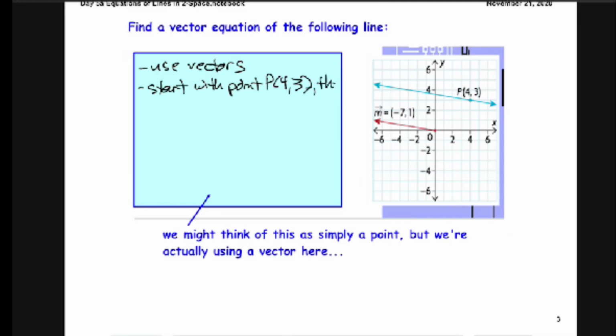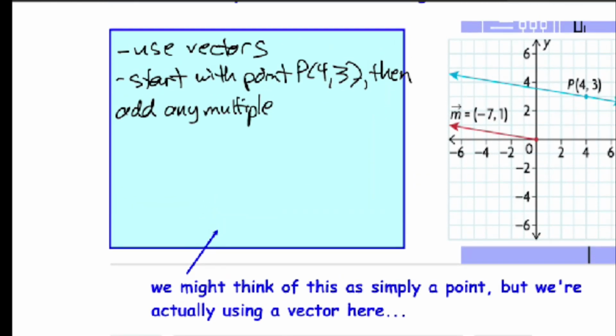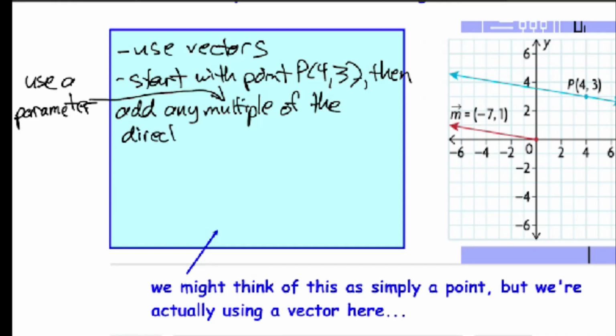Then we're going to add any multiple. This is where we use a parameter. So we're going to multiply a multiple of the direction vector. We're going to need to define that at some point.